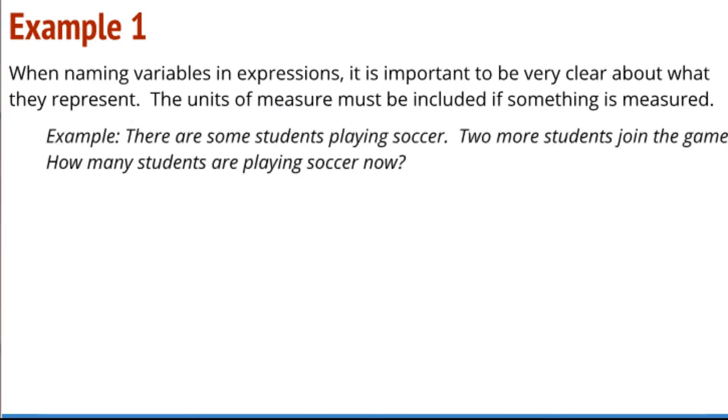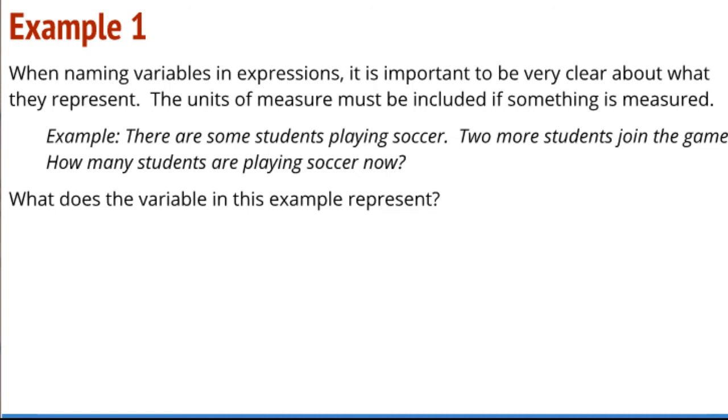So looking through an example here, back to the real life situation I came up with, how would we write up the variable? How would we express what the variable is? In this case, the variable represents the number of students.